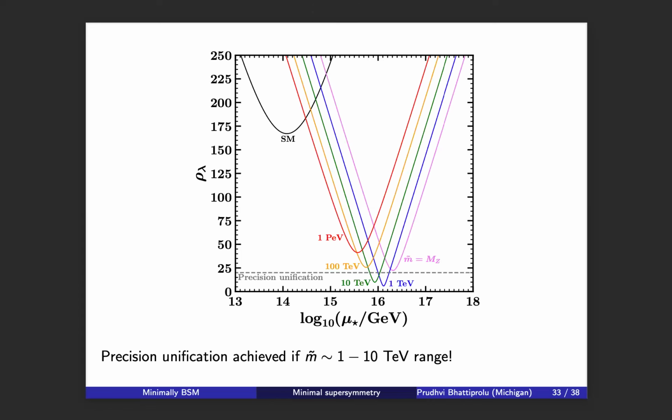The various colored lines are for the MSSM with different choices for the common mass threshold, starting from MZ, which I'm just picking for demonstration purposes, and going all the way up to the TeV scale. We can see that in order to achieve precision unification in the MSSM with a common threshold, the superpartner masses should roughly be in the 1 to 10 TeV range.